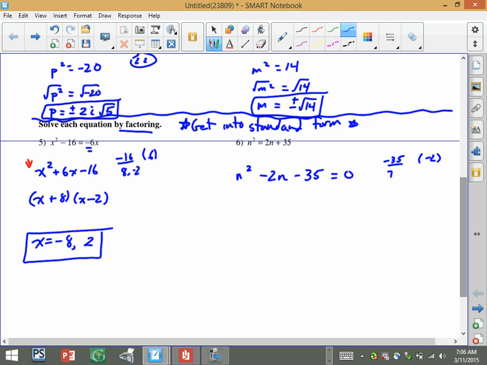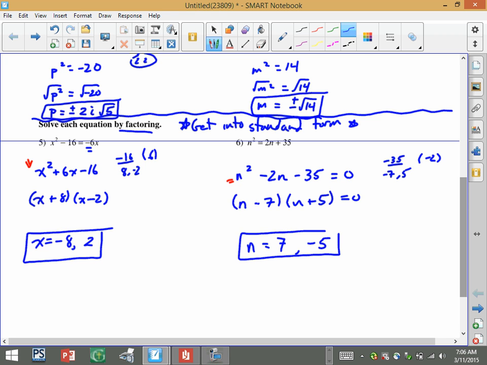I think -7 and +5 will do it. So n minus 7, n plus 5. Again, no leading coefficient, which means I don't have to worry about bottoms up. So it's just the opposite of what's in there. So n equals 7, and n equals -5.